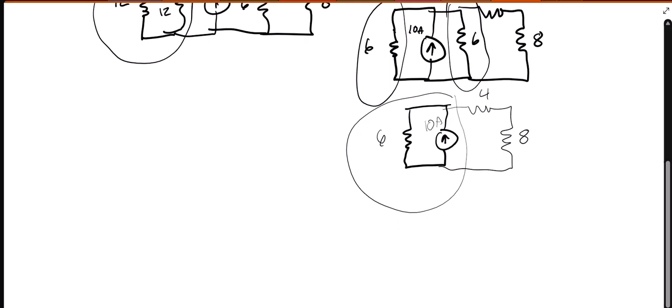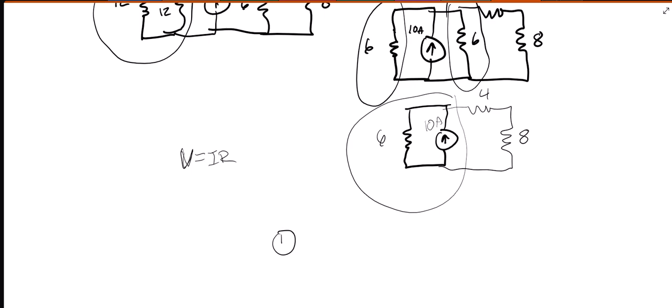And so I just use V equals IR to get what the equivalent voltage will be, and the resistor stays the same. And so this will become a voltage source that is 60 volts, and it will be oriented with the positive terminal up, because the arrow on the current source is pointing up.